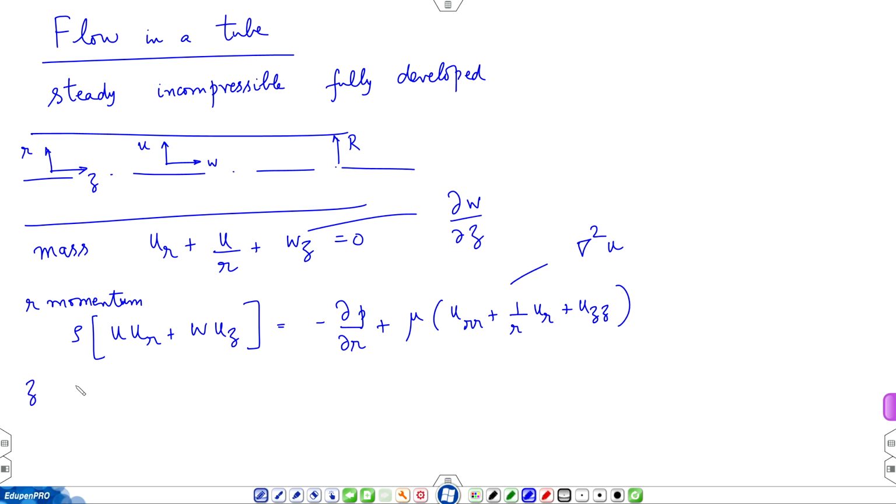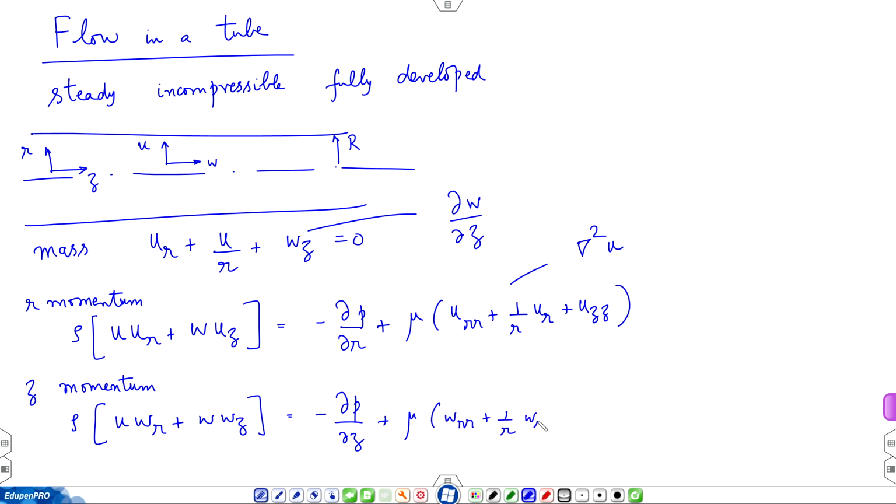And then the z momentum equation is written in terms of the w component. So, these are the r and z momentum equations.